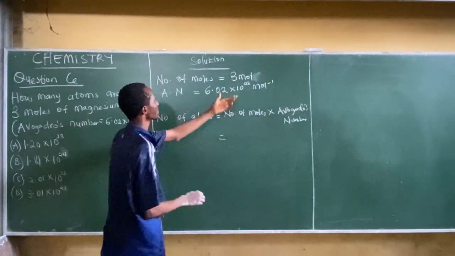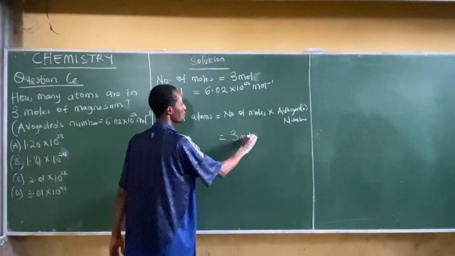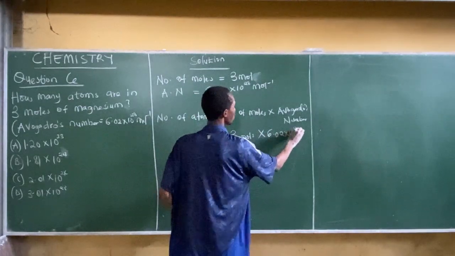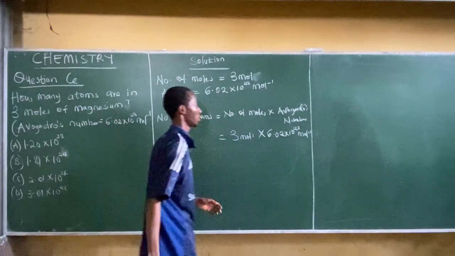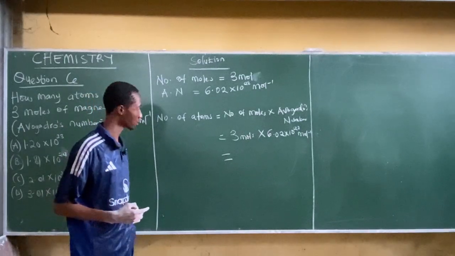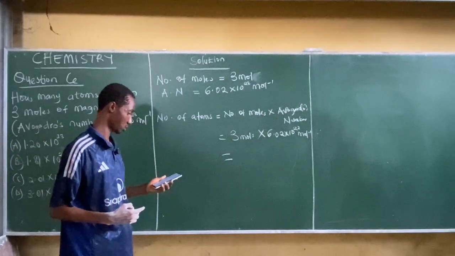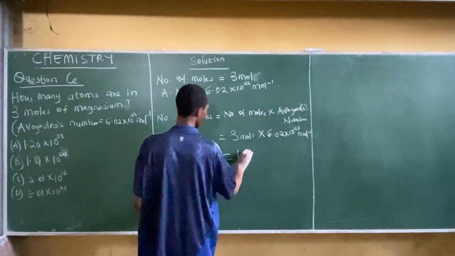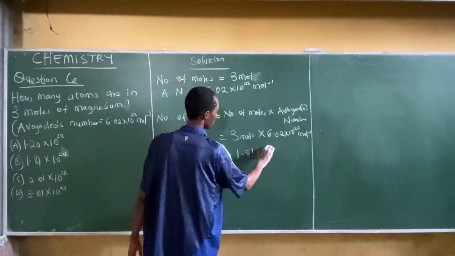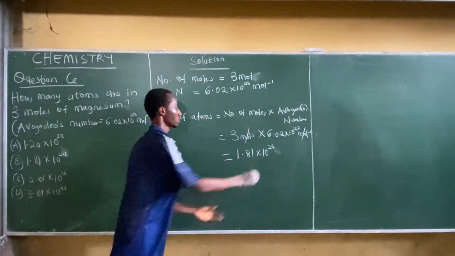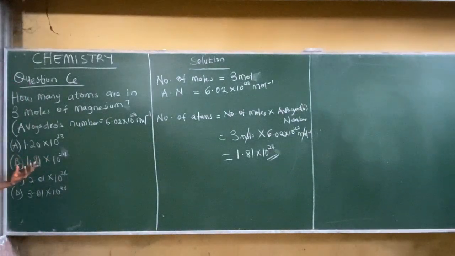This is the same thing as number of moles, which is 3 moles, times the Avogadro's number, 6.02 times 10 raised to power 23 per mole. 3 times 6.02 times 10 raised to power 23 will give us 1.81 times 10 raised to power 24. Don't forget, moles will cancel out, so we are left with this. This is the final answer. The correct option for this is option B, 1.81 times 10 raised to power 24.